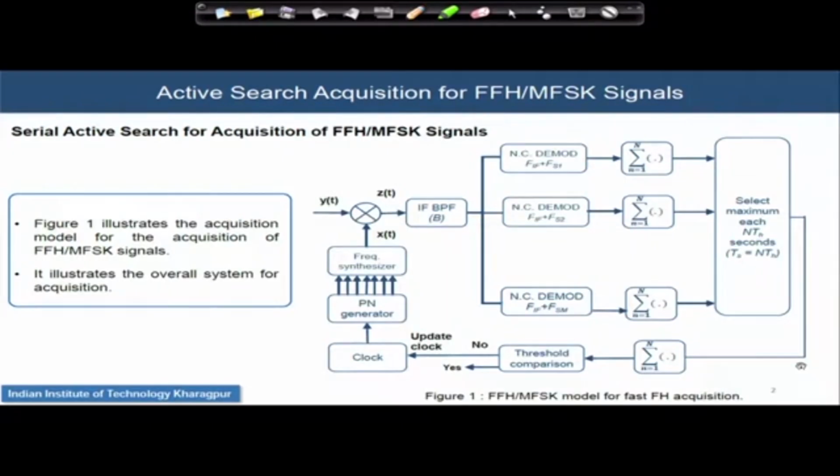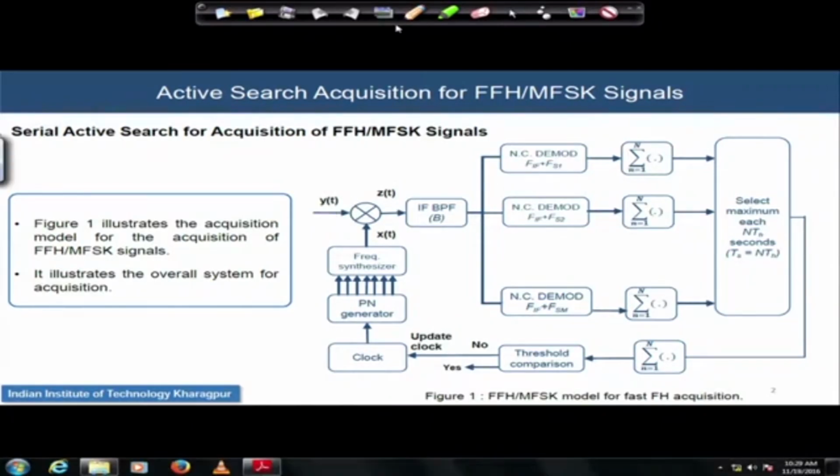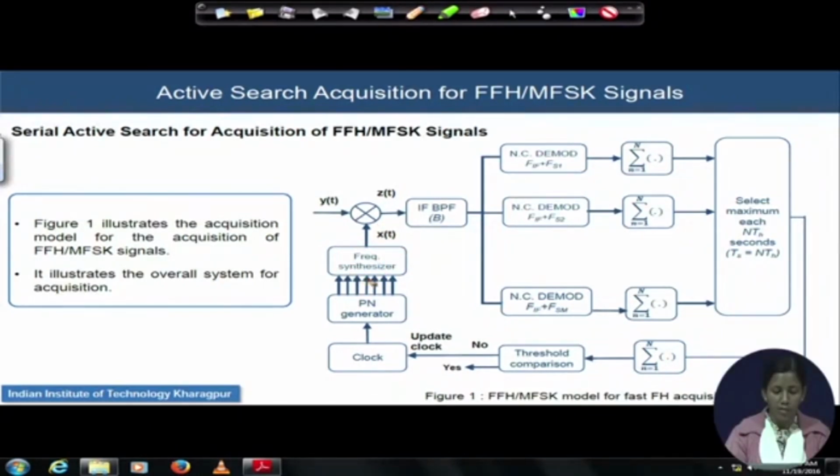You have seen this block diagram in the last module, where the incoming signal y(t) was getting mixed with the locally generated PN sequence, which is also driving the frequency synthesizer. We understand that this is a frequency hopping communication mechanism.